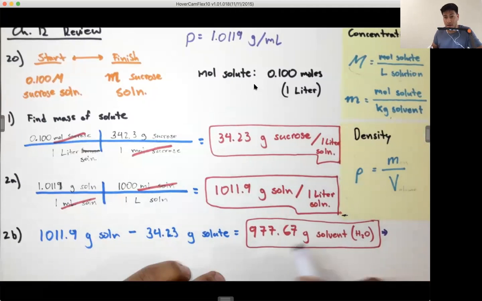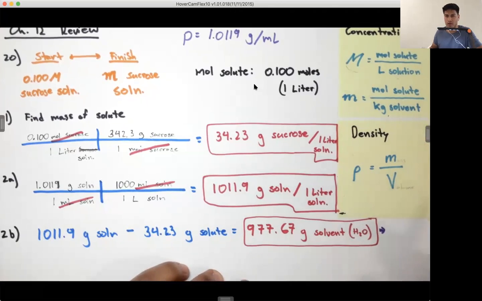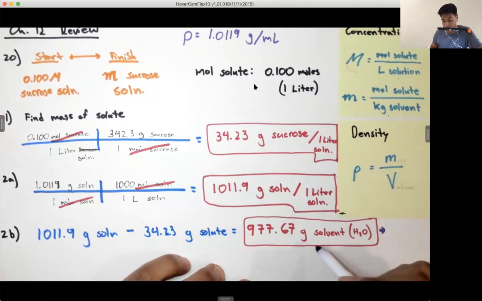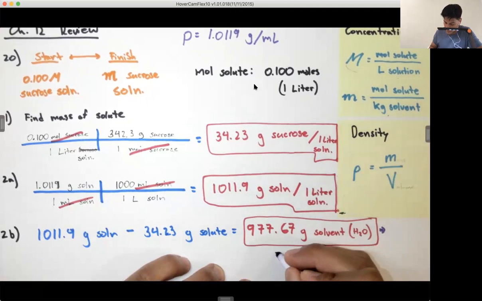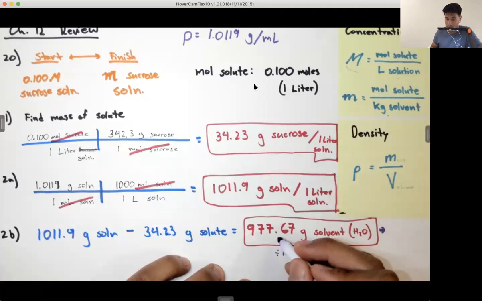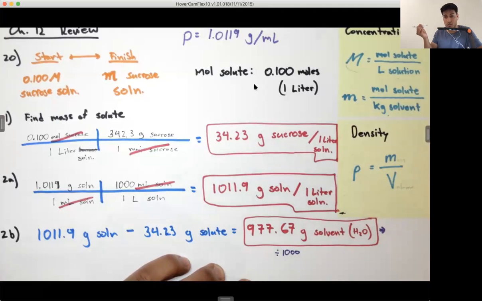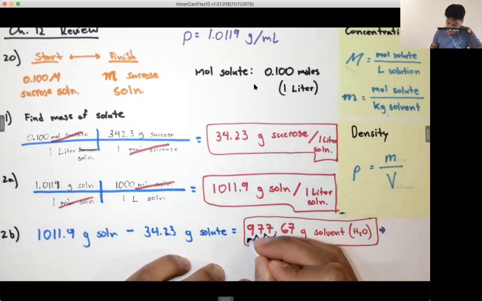So we can make this into a bridge notation if we want, but just know, since there's 1,000 grams in 1 kilogram, you're just going to have to divide by 1,000. And if you divide by 1,000, that means you're moving the decimal point to the left 3 times: 1, 2, 3.